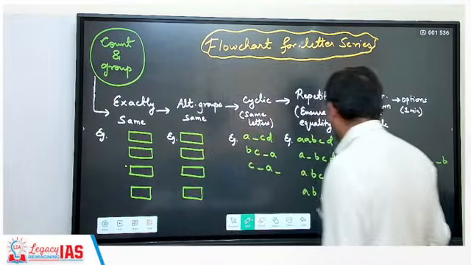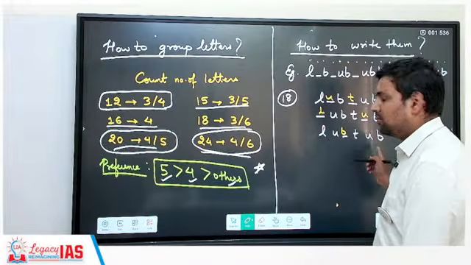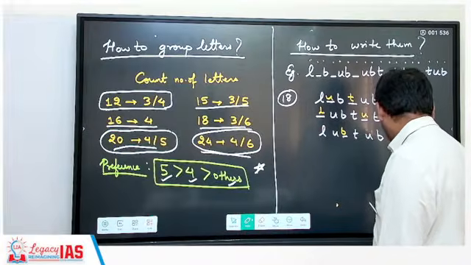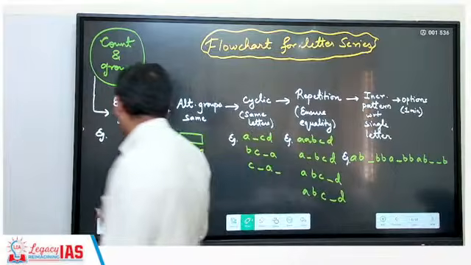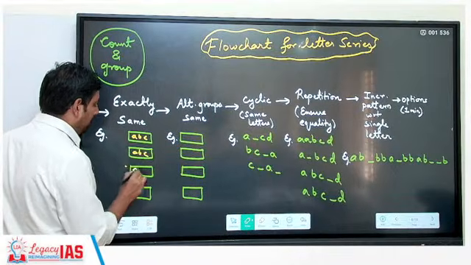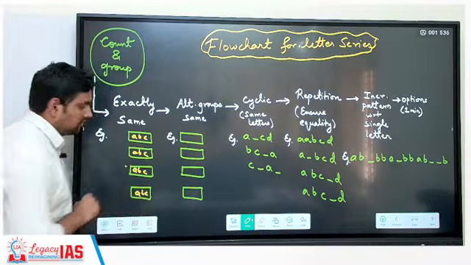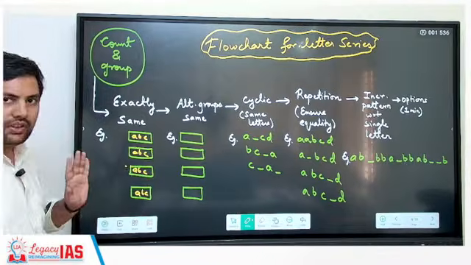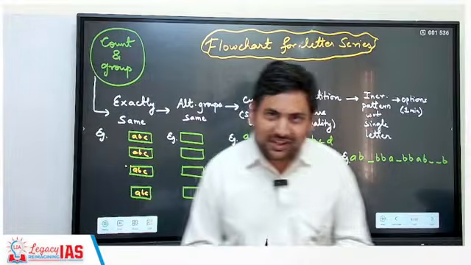Like you made here, laptop, laptop, laptop. That is, all the groups are exactly same. So for example, it is like ABC, ABC, ABC, and ABC. Like this. Now, of course, in all the questions that won't be possible.